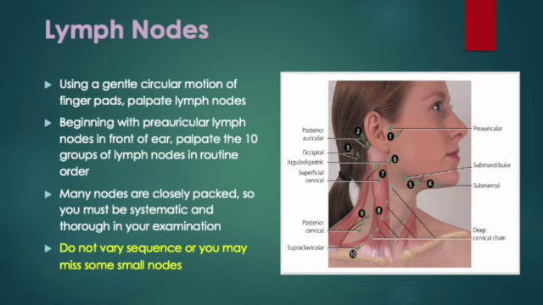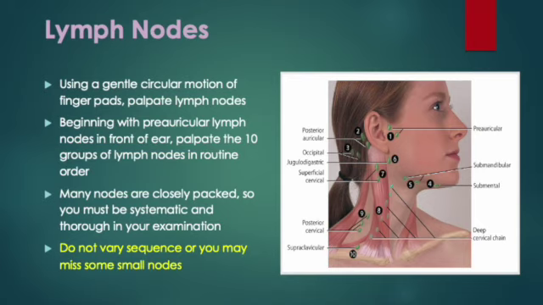Now, I do want to point out that there are some common clues to help you understand if it's a normal lymph node or not a normal lymph node. We talked about some basic clues in that last slide, but there are some other additional things I want to talk about.